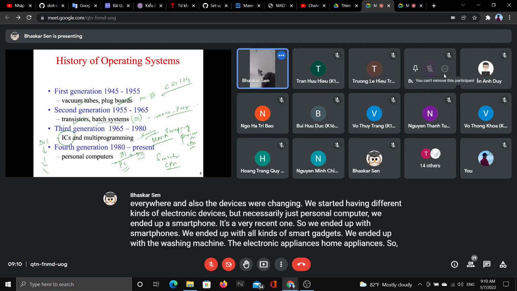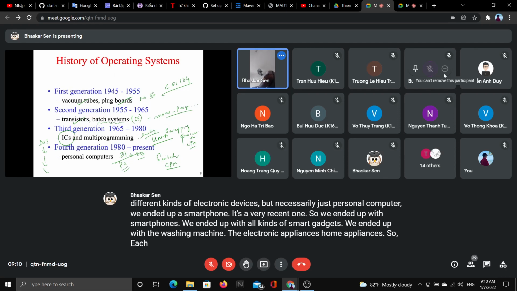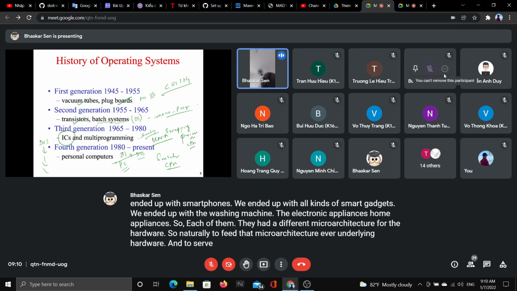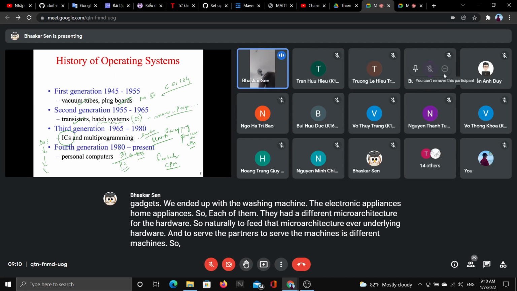Each of them had a different microarchitecture for the hardware. So naturally, to fit that microarchitecture and the underlying hardware, and to serve these different machines, we had to modify those operating systems.